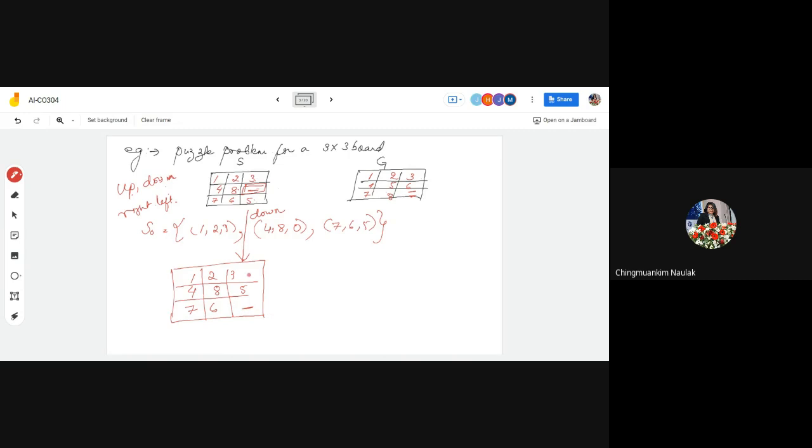Now, keep on comparing the current state with the goal state. The first line is perfectly fine, 1, 2, 3. 5 is not where it's supposed to be, but right now you cannot move that. You are supposed to move only the empty space. So we'll look at this.